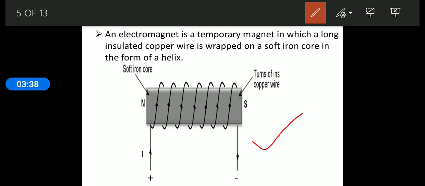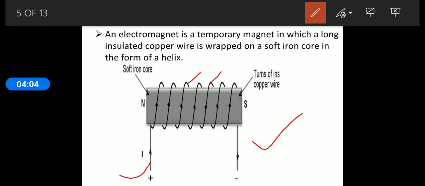Whenever current is passed through this coil or conductor, a magnetic field gets developed across this coil, and the coil starts acting as an electromagnet.